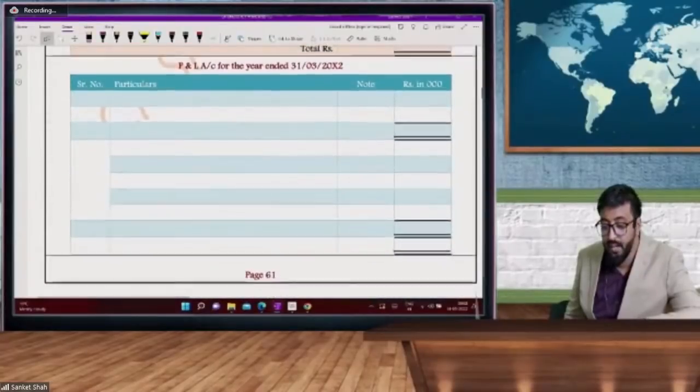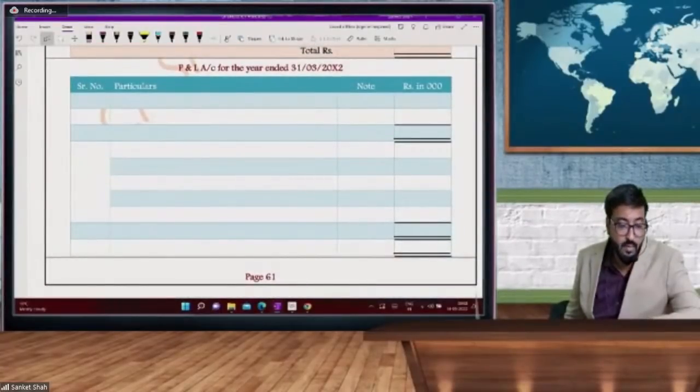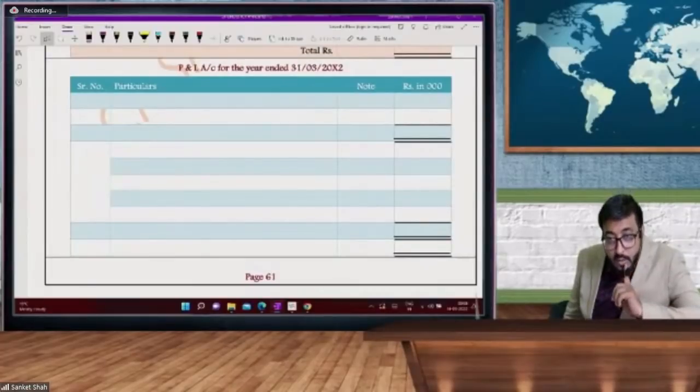Now P&L account. P&L account for the year ended 31st March 2002. Serial number, particulars, note, rupees in thousand.